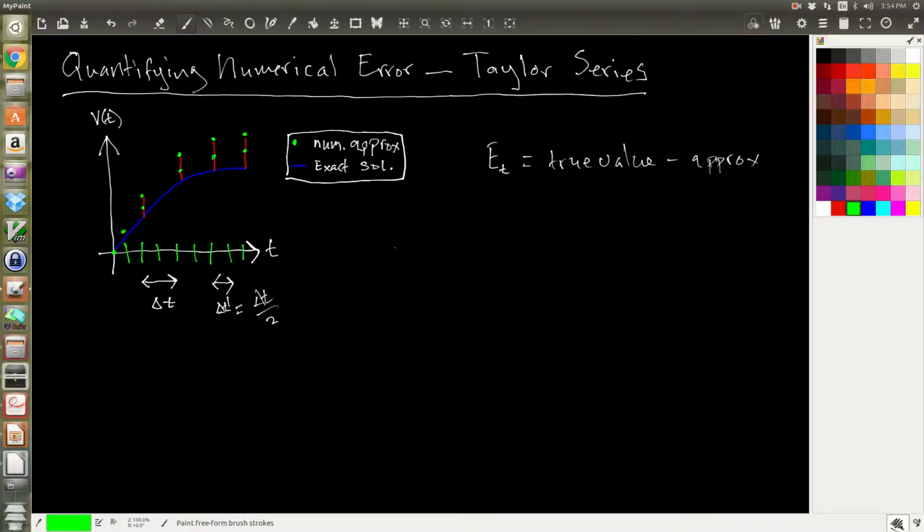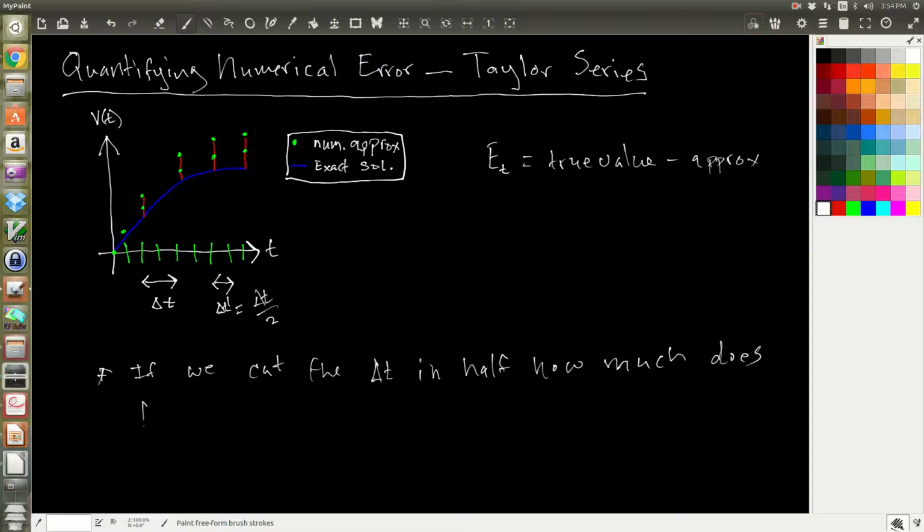And so the question that I want to pose to you now is, if we cut the time step in half, how much does the error reduce? If we cut the delta t in half, how much does the error reduce?